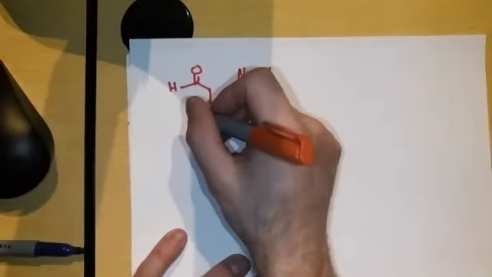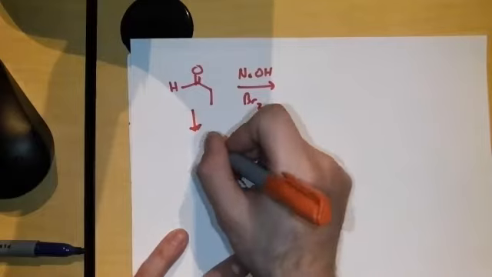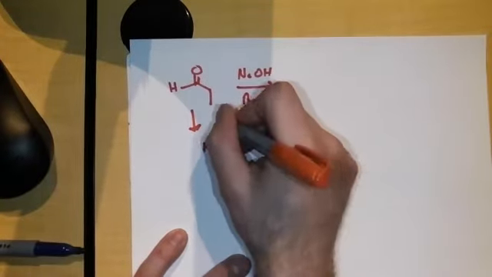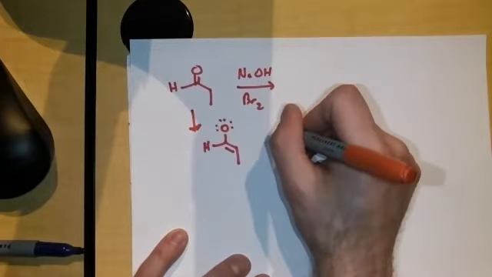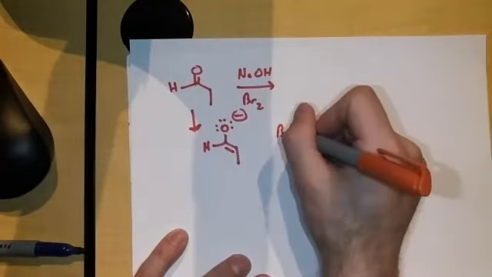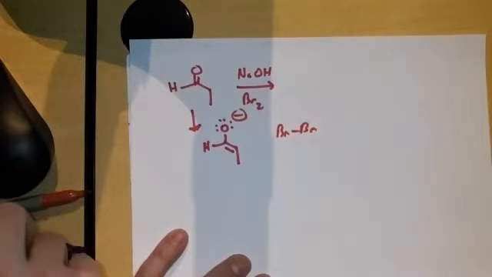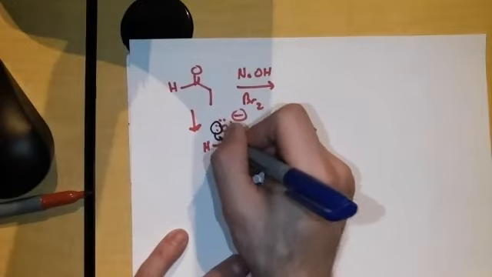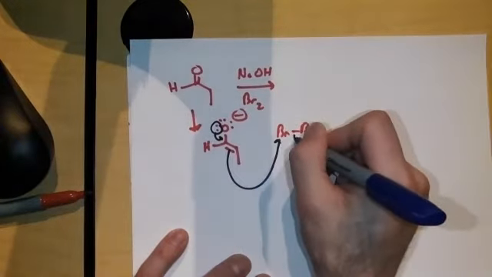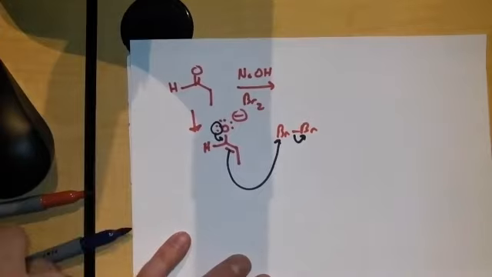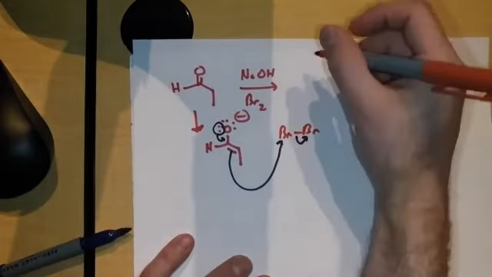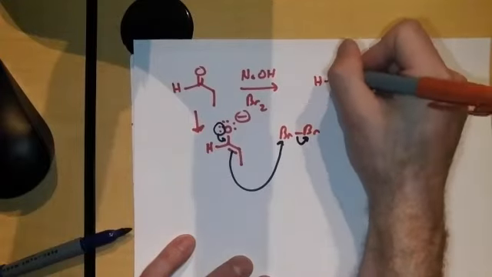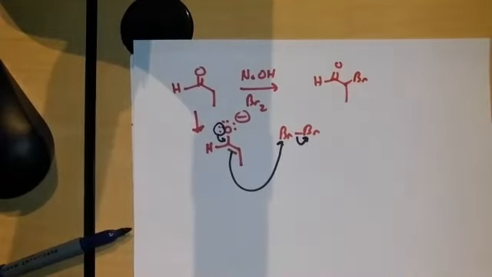We can form our enolate. This can come down to form our carbonyl, attack our bromine, allowing us to brominate at that beta position.